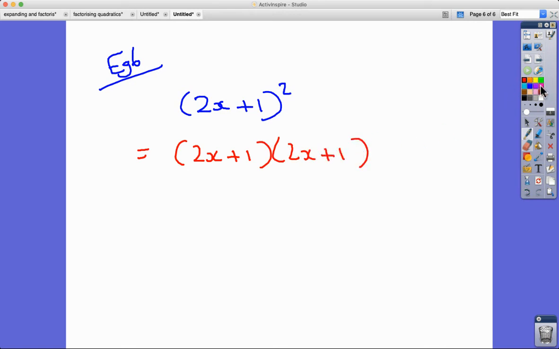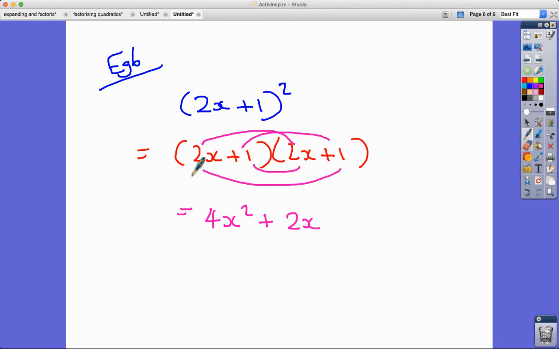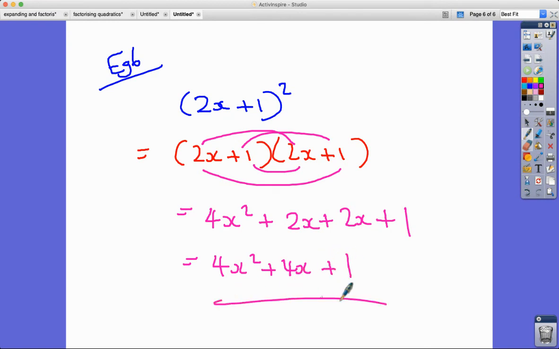And so all we need to do, again, the coefficients of x aren't 1, so we have to do the smiley face method. And so what we're going to end up with is 2x multiplied by 2x, 4x squared. The nose is 1 times 2x, which is 2x. The mouth is another 2x. And the number on the end is 1 times 1, which is 1. So what we get then is 4x squared plus 4x plus 1.